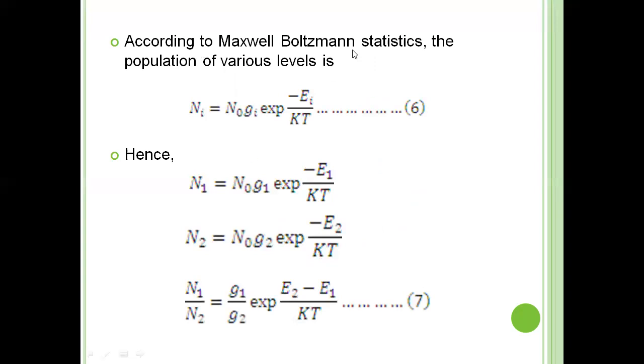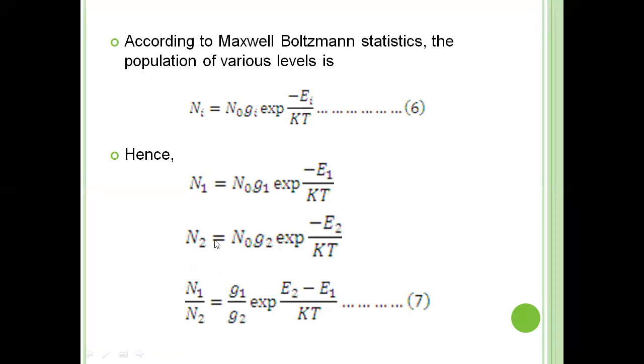Using the Maxwell-Boltzmann law, we change this expression as Ni is equal to N naught Gi exponential minus Ei by Kt. Just rearranging, what is N1, what is N2? In place of i, replace with 1: N1 is N naught G1 exponential minus E1 by Kt. In place of i, replace with 2: N2 is N naught G2 exponential minus E2 by Kt.